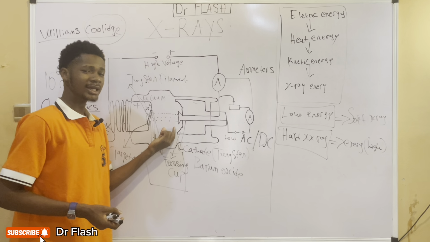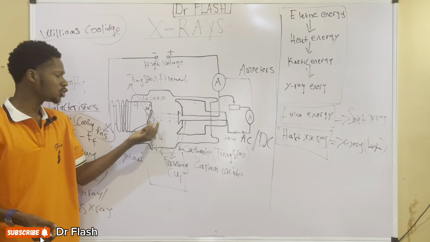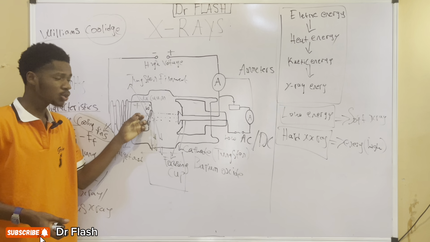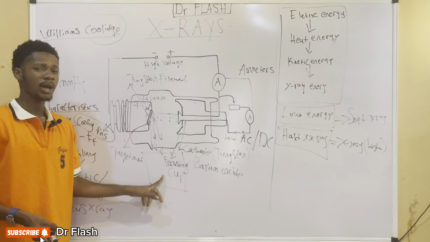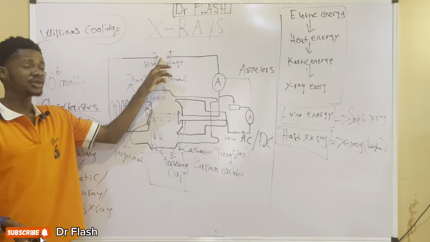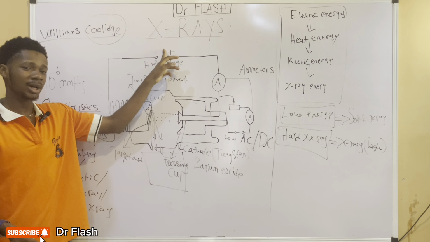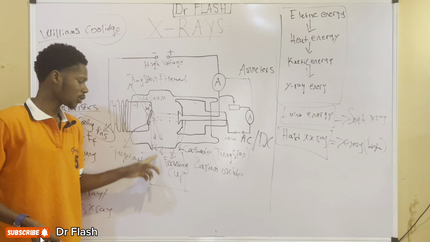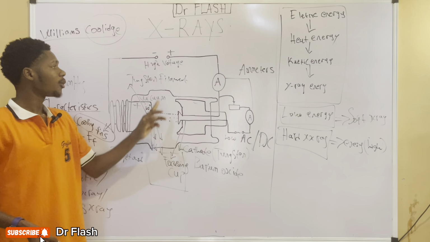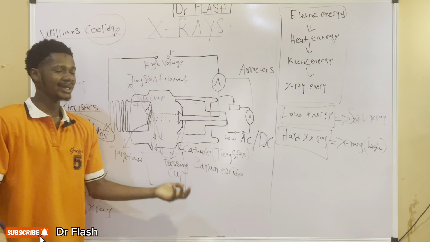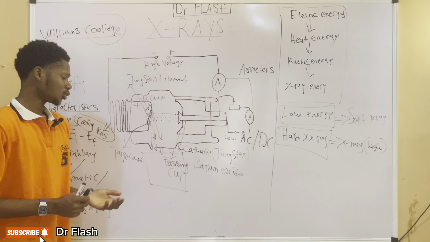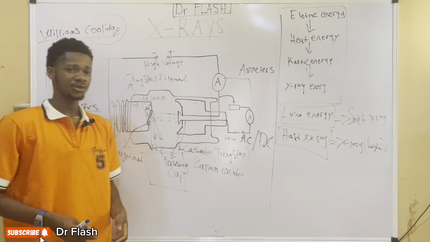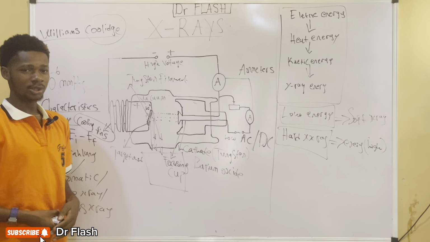And the higher the kinetic energy, the higher the force with which they hit the target, producing a high energy X-ray. We can do that by increasing the voltage. If we get as high a voltage as we can, we get a high energy X-ray. But if it is low, usually less than 20 kV, we get a low energy X-ray, and that is something we do not want most times.